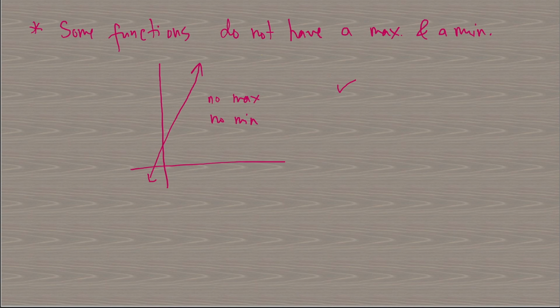Also, there are some other functions in which there exists a maximum and a minimum. So if previously we had functions that do not have a maximum and a minimum, this time some functions have both maximum and minimum.